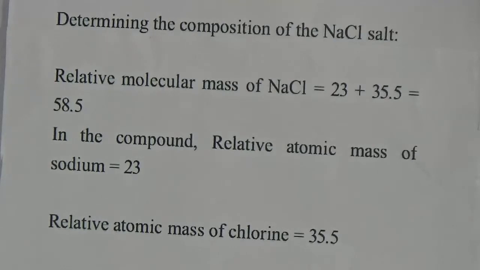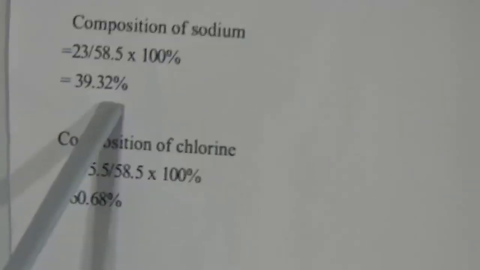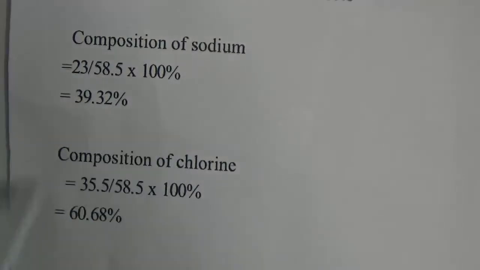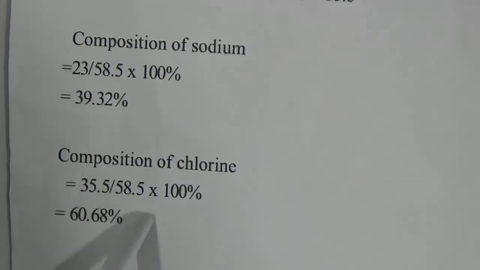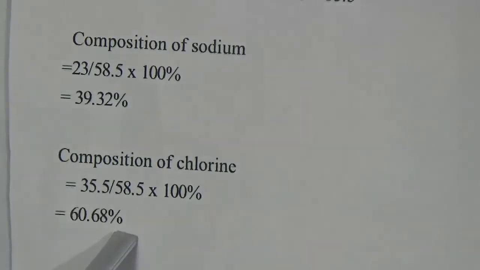Now composition of sodium is 23 divided by 58.5 multiplied by 100. It will be 39.32%. Now come to composition of chlorine. It will be 35.5 divided by 58.5 multiplied by 100, the result will be 60.68%. Dear students, question D will be your homework.